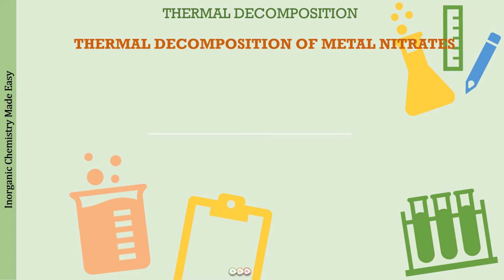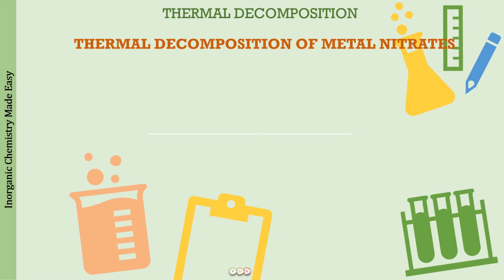So now let us see how we are going to learn the thermal decomposition of the metal nitrates. Here what you have to remember is that the anion is common for all these compounds. But what is different is the metal. And we have so many metals spread throughout the whole of the periodic table.